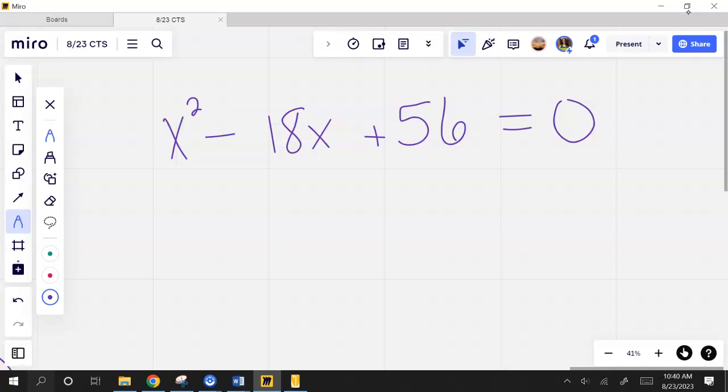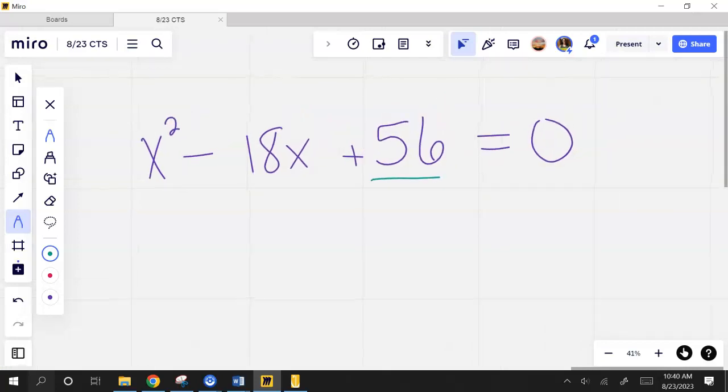So what we're going to do instead is we're going to force this to be factorable, okay? We're going to look at this and go, you know what? That is keeping it from being factorable. I'm going to move it. I'm going to get it out of the way, and I'm going to forget it for right now. How in an equation do I get it out of the way? Subtract it. I'm going to subtract it, and I'm going to throw it over here, and I am going to ignore it for right now.